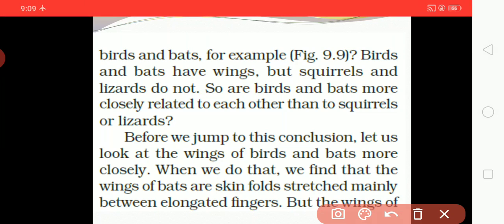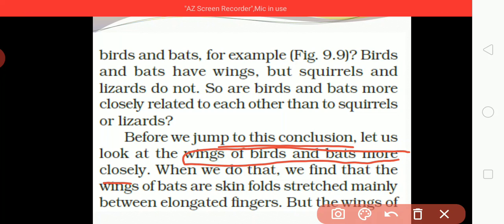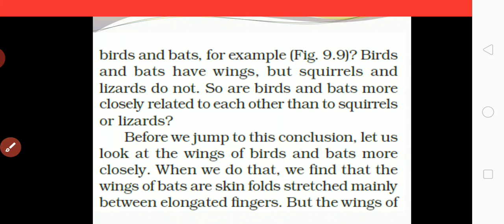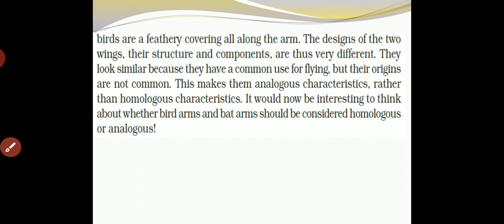Before we jump to this conclusion, let us look at the wings of a bird and a bat more closely. We find that the wings of a bat are a skin fold stretched mainly between the elongated fingers, but the wings of a bird are feathery, covering all along the arm.